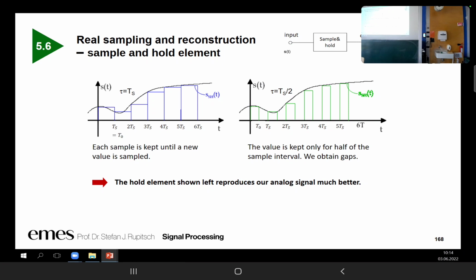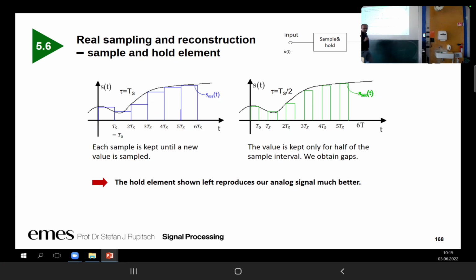This is the sampling procedure. But from the implementation point of view, this is also quite similar during the step of reconstruction, where we want to obtain the analog signal again from the sampled signal. Also in this case, we have to deal with the same problem.